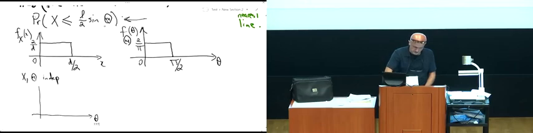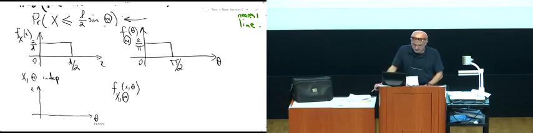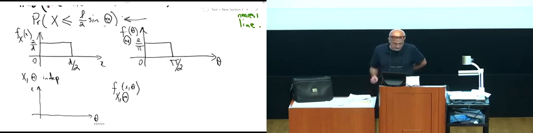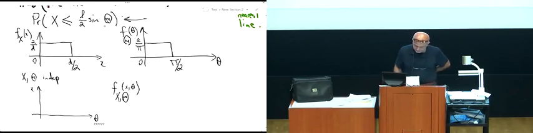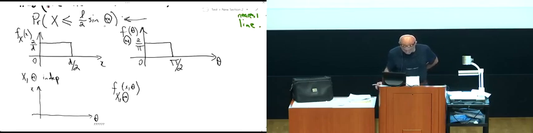If I were to plot the theta here and the x here, what would that look like? Talk to each other.